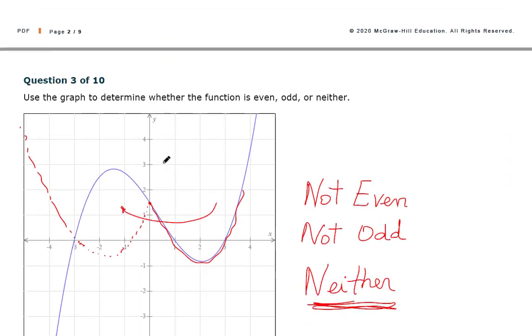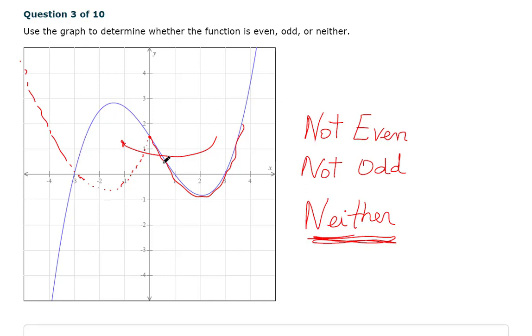In question 3, we see that a function doesn't have to be even or odd. There is a third category, and that is it's a neither. So let's see. If I take this piece and I fold it around, it would look like this piece that's here in red.